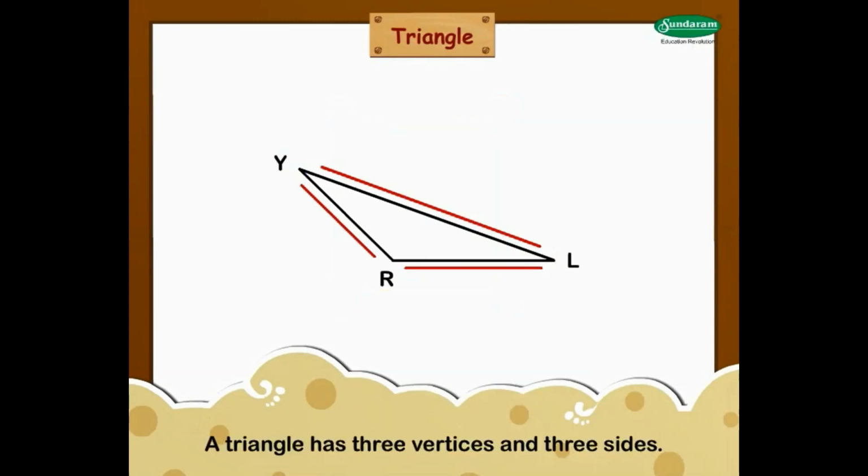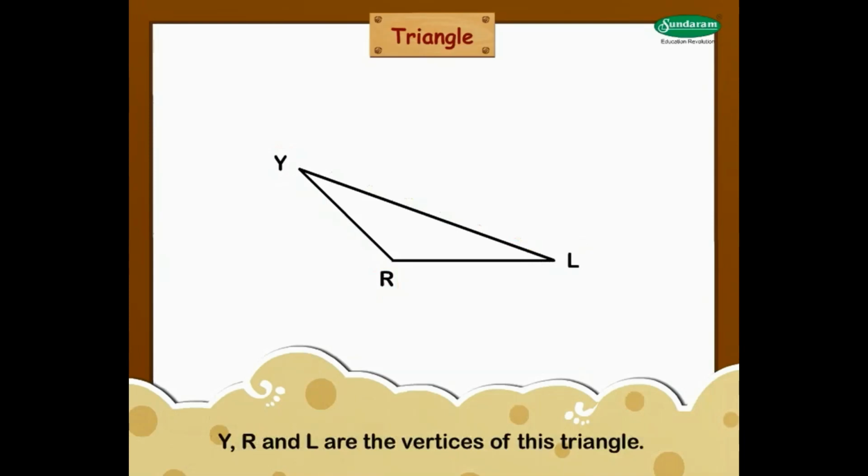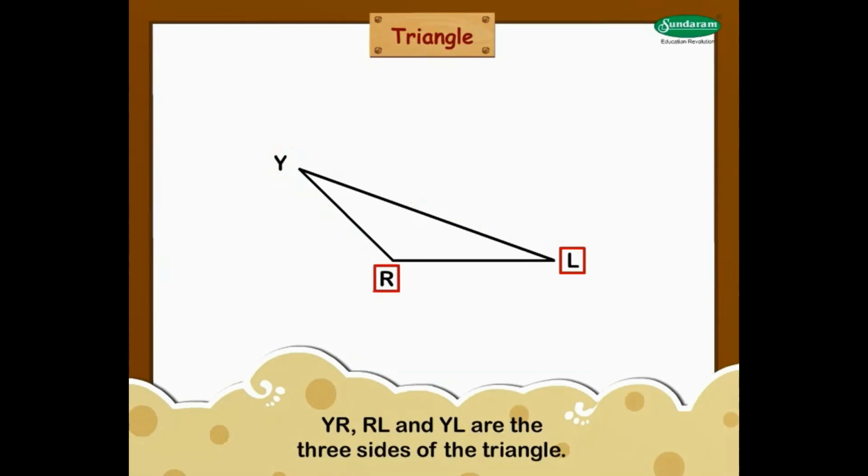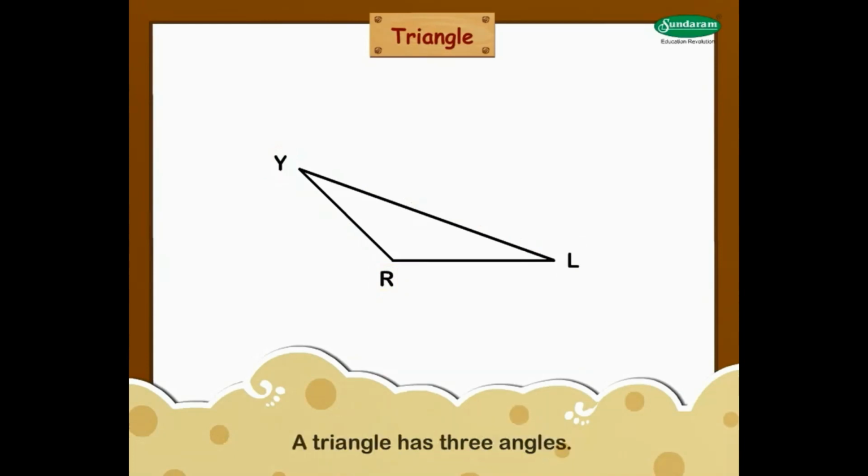Y, R and L are the vertices of this triangle. YR, RL and YL are the 3 sides of the triangle. A triangle has 3 angles.